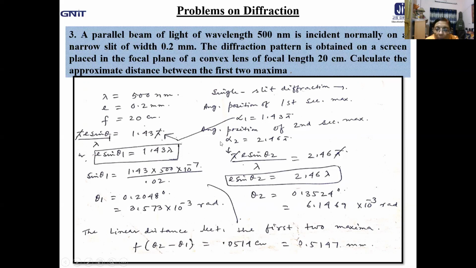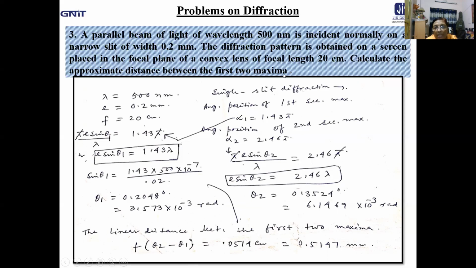Similarly, from the angular position of the second secondary maximum, that is alpha 2 equal to 2.46 pi, and using alpha 2 equal to pi e sin theta 2 by lambda, you can get the value of theta 2 equal to 6.1469 into 10 to the power minus 3 radian. Okay. So, what about theta 2 minus theta 1? The angular separation between the first two maxima.